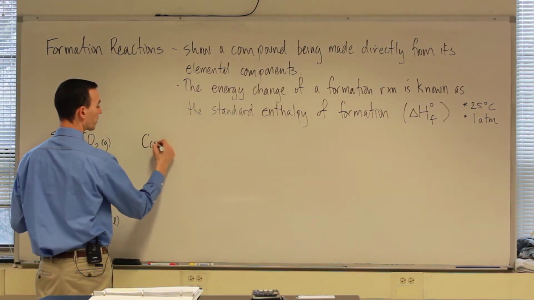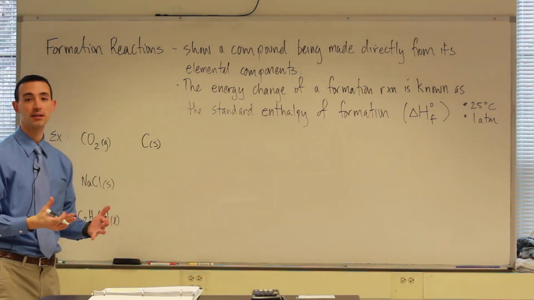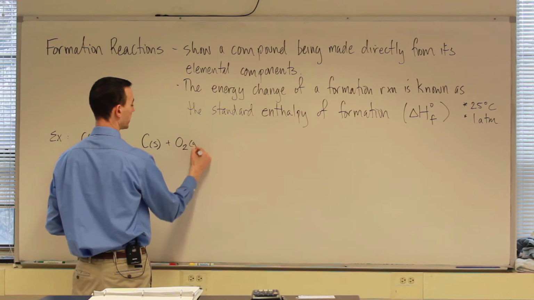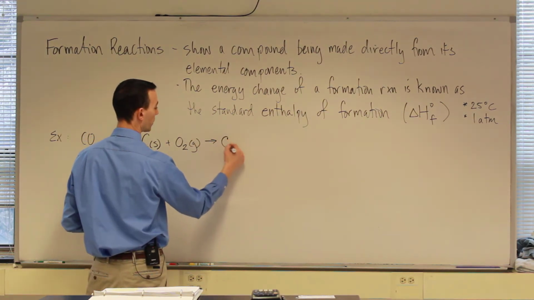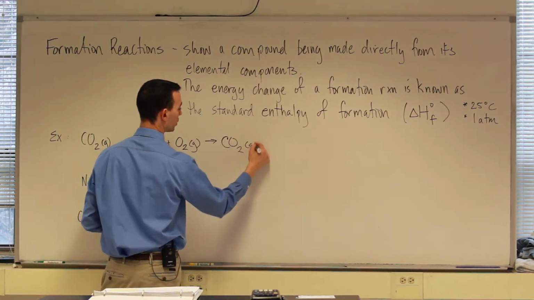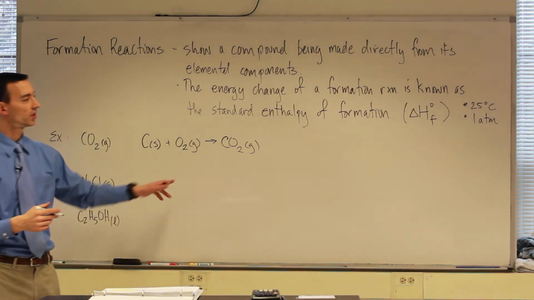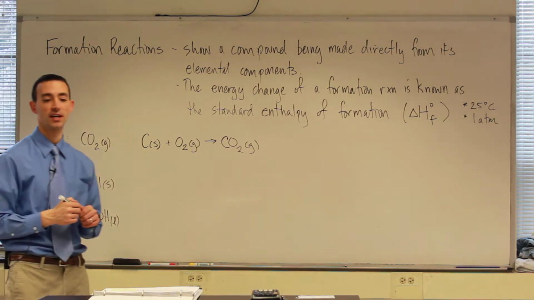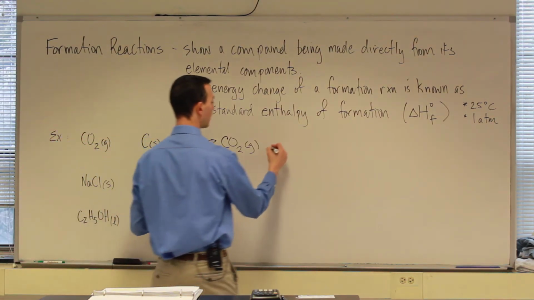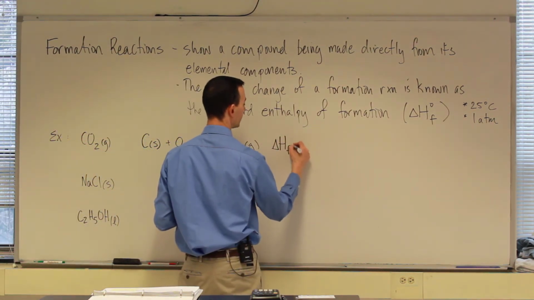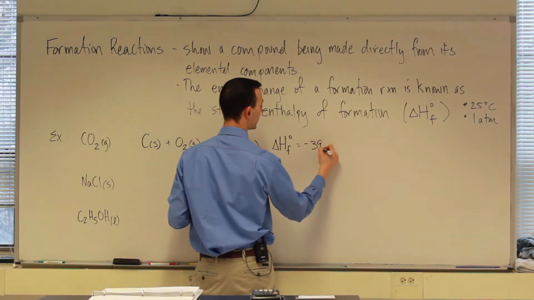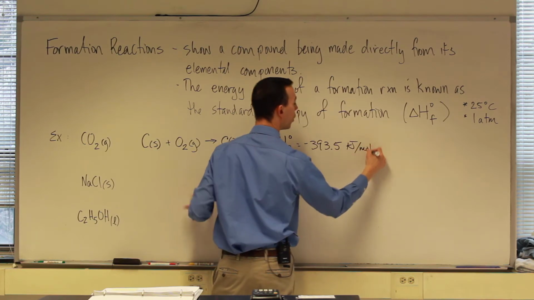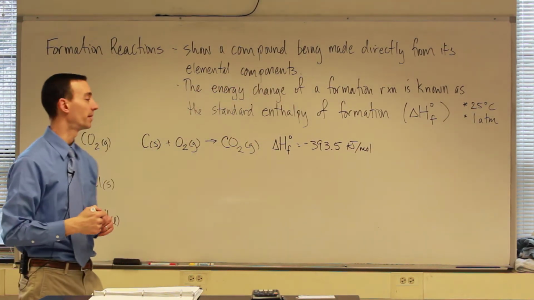Well, the universe provides us with solid carbon as an element and O2 gas as elements, and look at that, they would add together to make CO2 in the gas phase, which is what it would normally exist at 25 degrees Celsius. The enthalpy of formation of this reaction is negative 393.5 kilojoules per mole of carbon dioxide that we make.